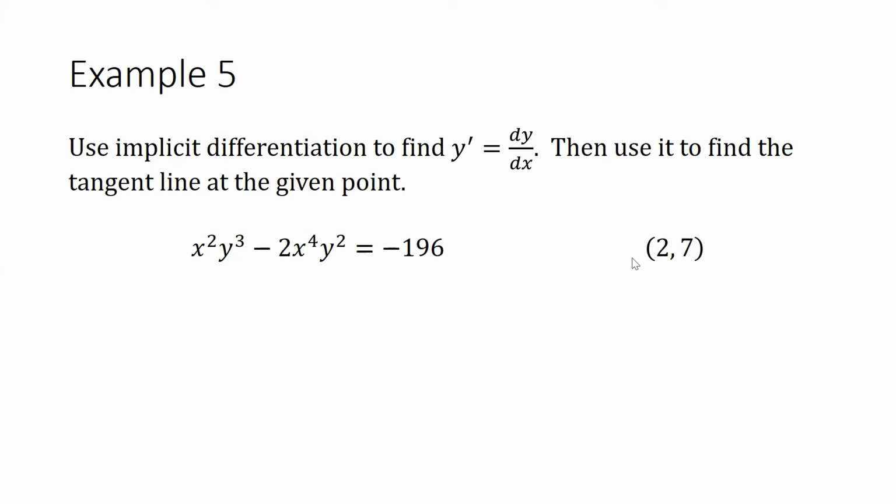And we're looking at the point 2, 7. If you plug in 2 into the x value and 7 into the y value, you should see that this does give you a true statement. So we know the point 2, 7 is on the graph of whatever this thing looks like.